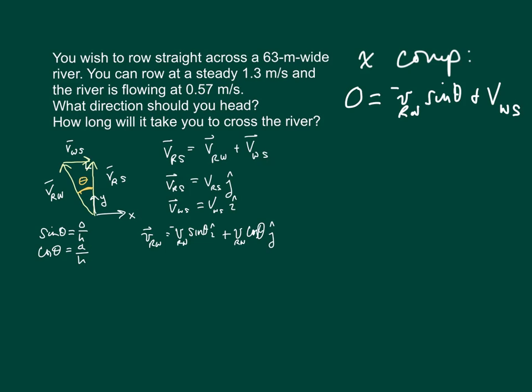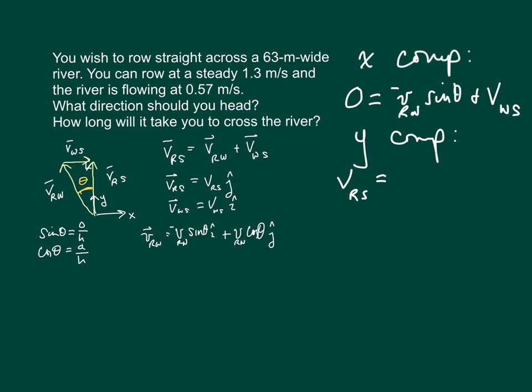Similarly, we'll write the equation for the y component. And again, the y component of V sub RS points in the y direction. It's right here, so we'll just have V sub RS.